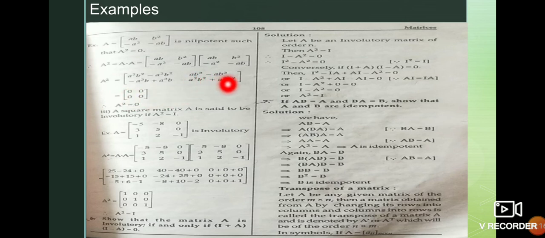AB cube minus AB cube is also 0. Minus A cube B plus A cube B is also 0. And minus A square B plus A square B is equal to 0. That means all elements are 0. That's why this matrix is a nilpotent matrix.